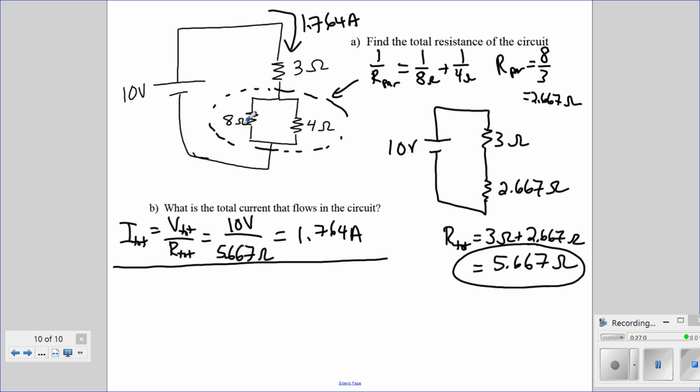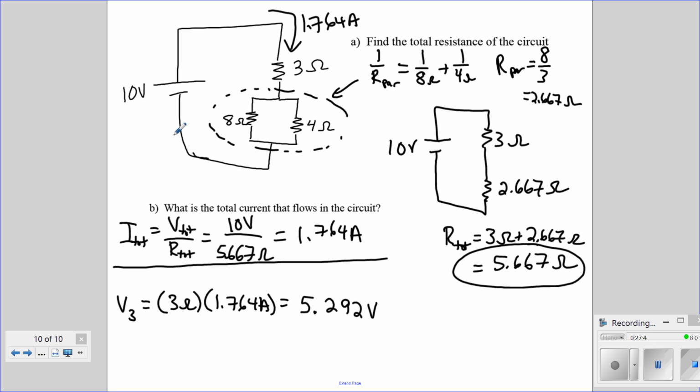Another way of finding that would be to calculate the voltage across just the 3 ohm resistor. That would be 3 ohms times 1.764 amps, which is 5.292 volts.